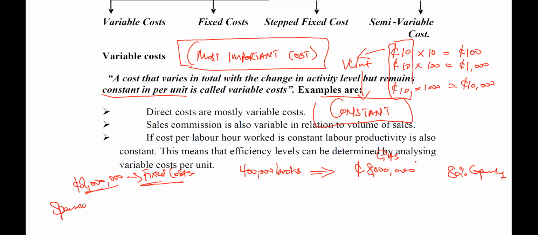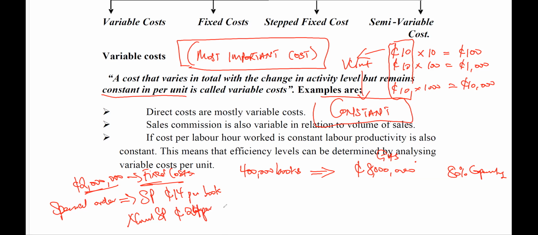And they are telling us that we have received a special order. The selling price that these people want to give us for each unit is, let's say, 14 cedis per book. They want to buy it at 14 cedis per book. But our normal selling price is, let's say, 24 cedis per book.